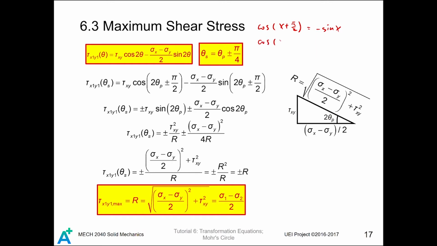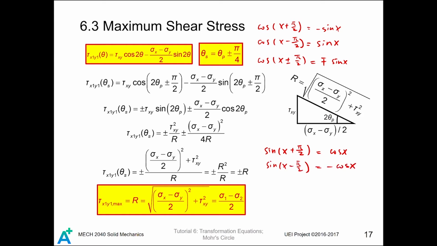Cosine (x minus pi over 2) equals sine x. Then cosine (x plus or minus pi over 2) equals minus or plus sine x. Similarly, sine (x plus pi over 2) equals cosine x. Sine (x minus pi over 2) equals minus cosine x. Then sine (x plus or minus pi over 2) equals plus or minus cosine x.